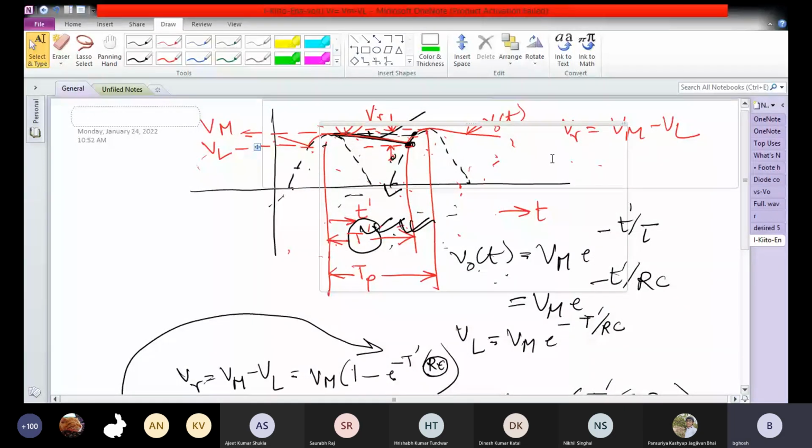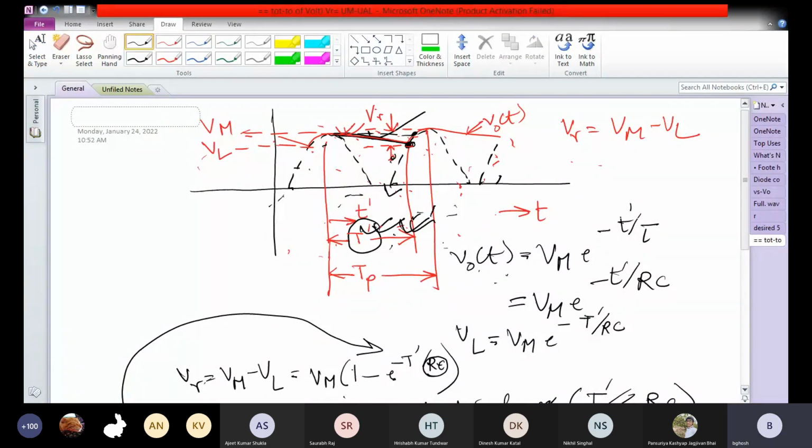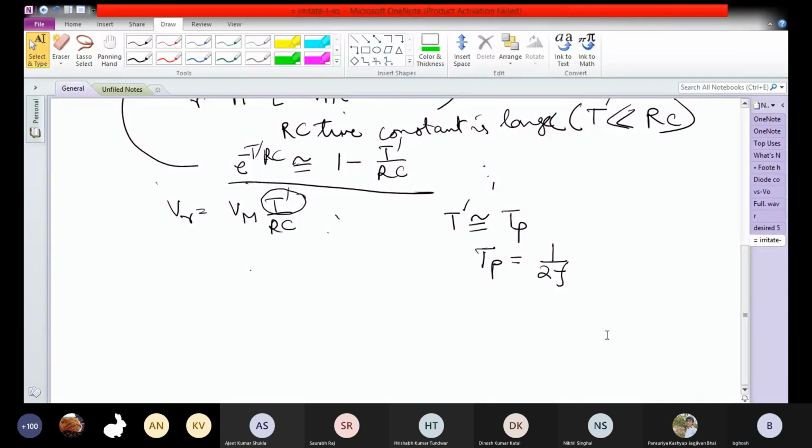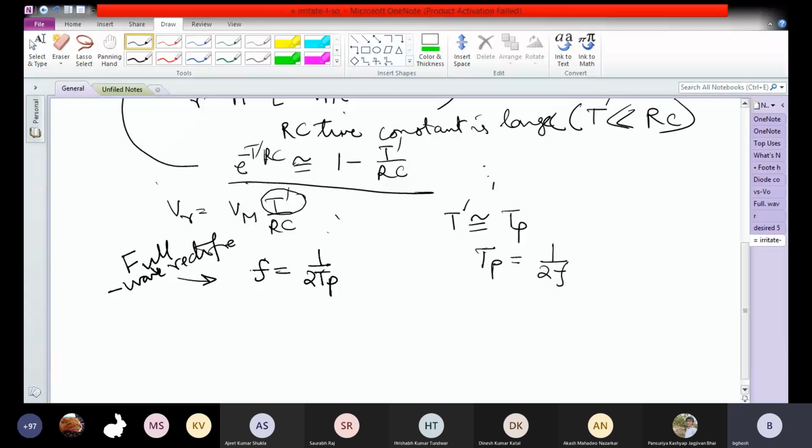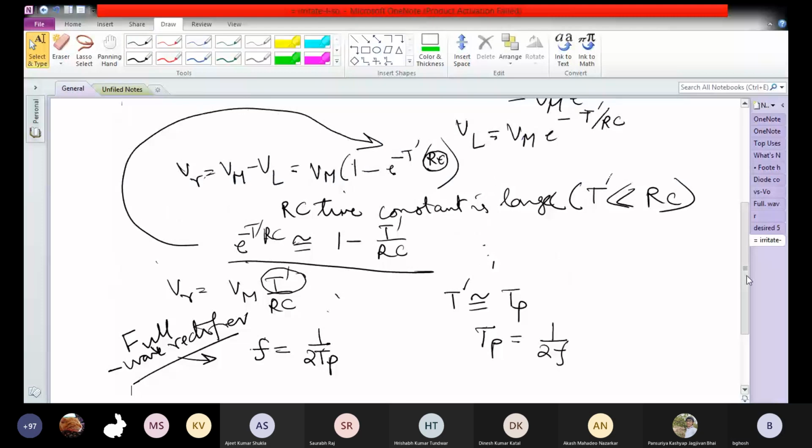So here to here, if there is another wave like here, this corresponds to half the signal period, capital TP. So TP is 1 by twice f. So therefore f is 1 by 2 TP. This is for a full wave rectifier.